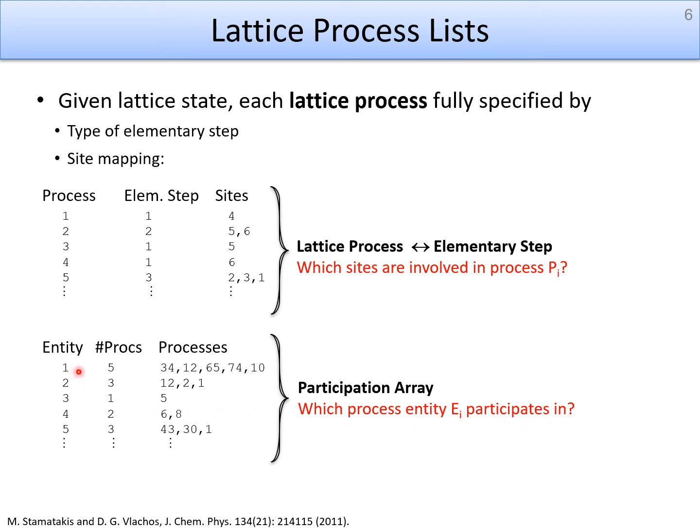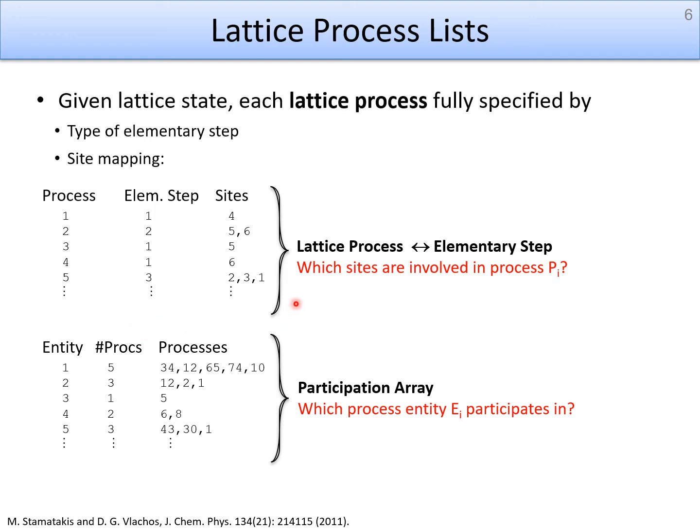So the first entity, which would be an adsorbate that sits on some lattice site, would participate in 5 processes, and these would be processes 34, 12, 65, etc. So these numbers would point to processes here. So then we would know that entity 1 participates in this reaction, which is this elementary step on these sites, in this other reaction, this other elementary step on other sites, etc.